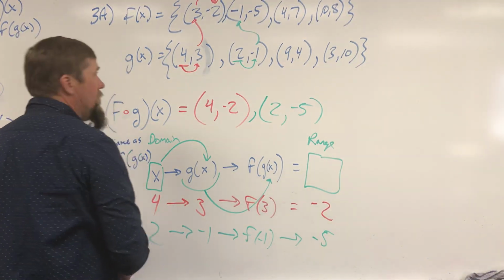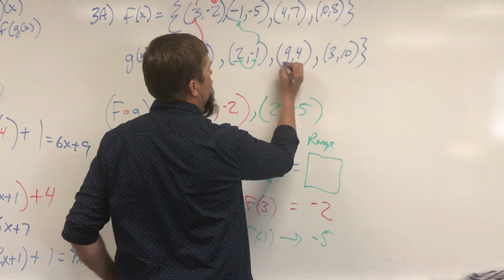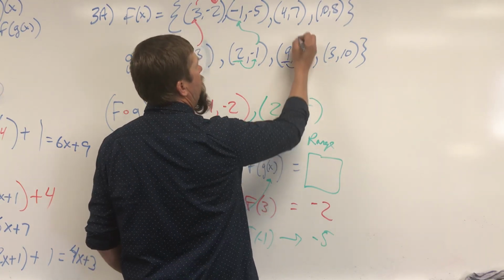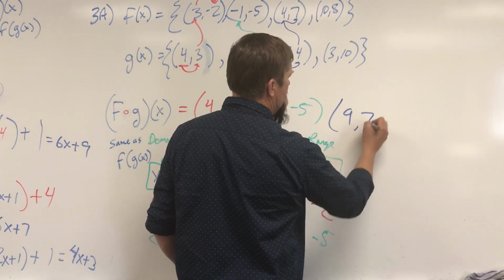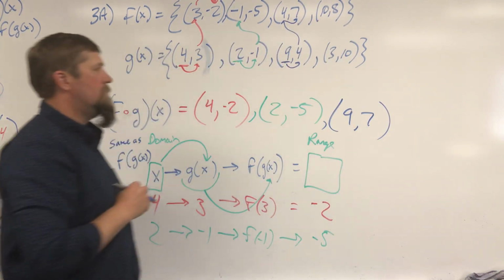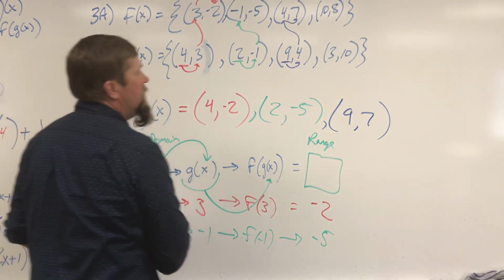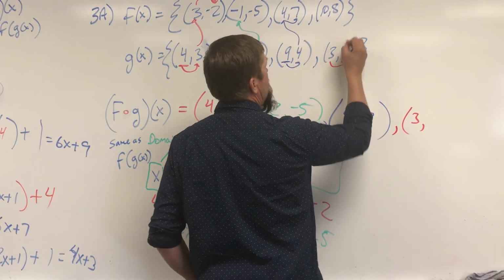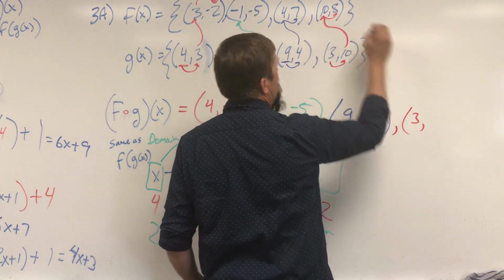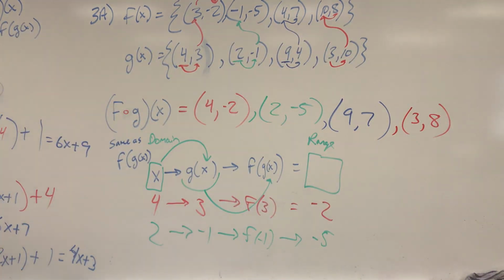We could keep doing this. 9 goes in, goes to 4, 4 goes in, goes to 7, so 9 goes in, 7 comes out. The last one, 3 goes in, goes to 10, 10 goes into f, comes out as 8. So those are the points of my composition.